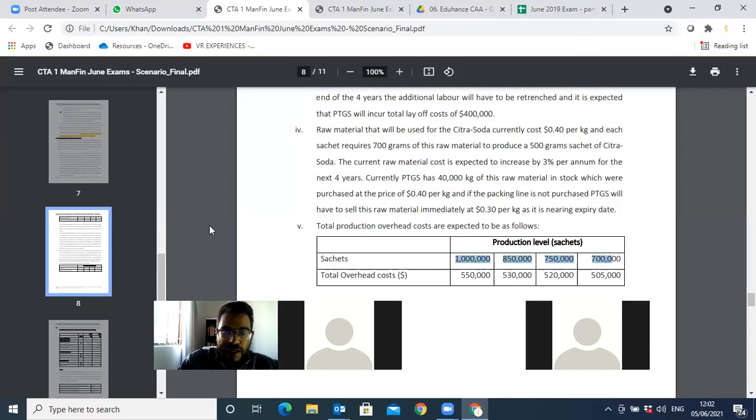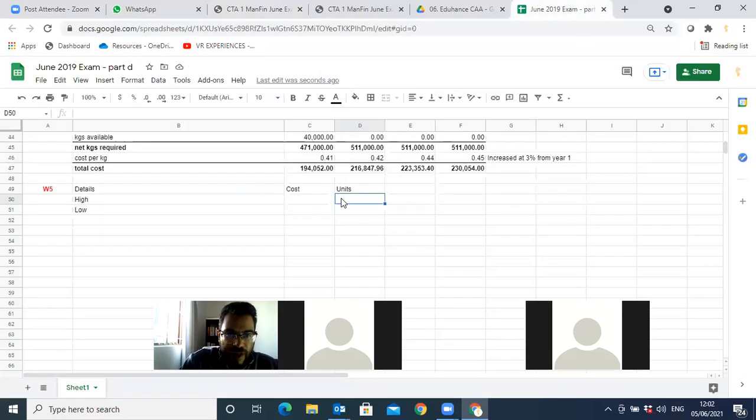Okay, so we'll do that. Come on. Okay, someone can just help me quickly. So the highest units is 1 million. The lowest units is, what was it now? 700,000. And what was the cost for the high? 550.